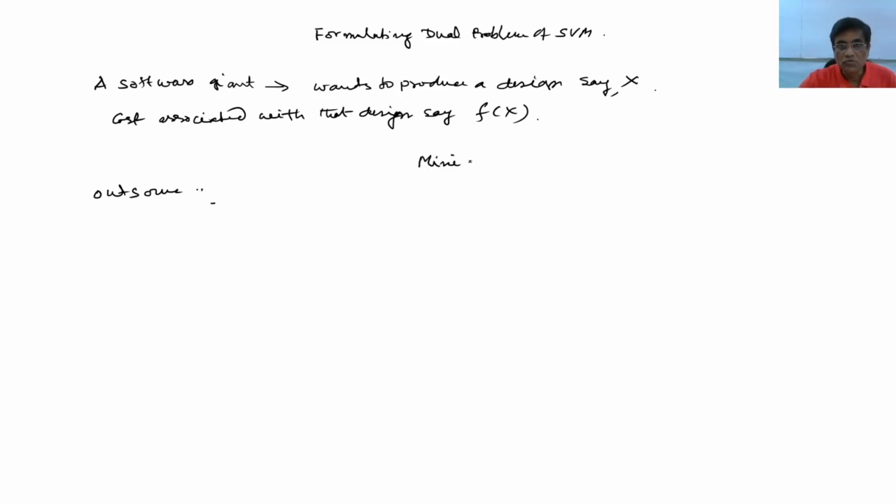If the company wants to manufacture or design this product, minimize cost, right? And there should be some constraints, subject to some man, material, all kinds of things which will be required for design.